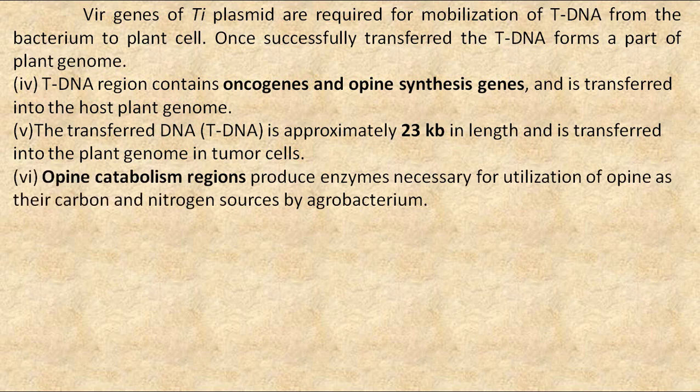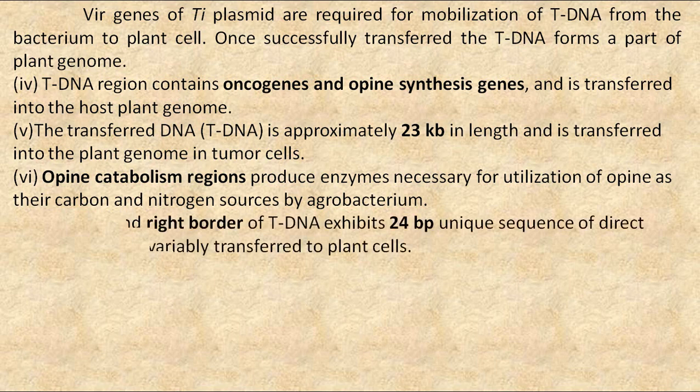Opine catabolism regions produce enzymes necessary for utilization of opine as carbon and nitrogen sources by Agrobacterium. The left and right borders of tDNA exhibit a 24 base pair unique sequence of direct repeats and are invariably transferred to plant cells.